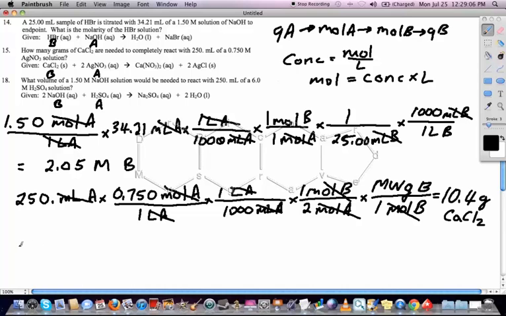I'm going to go ahead and start with the concentration of that. So 6.0 moles of A per liter of A. So we're just taking the molar, converting it to moles per liter directly. We're going to multiply that by the volume, which is 250 mL.